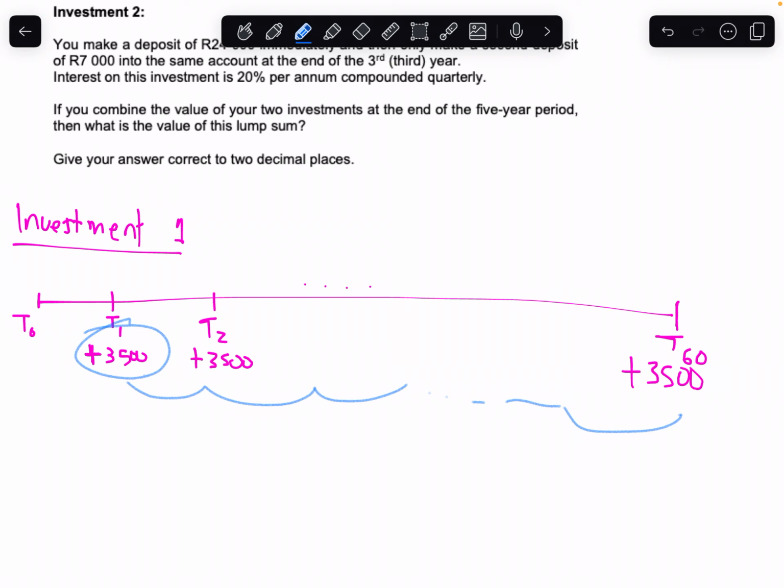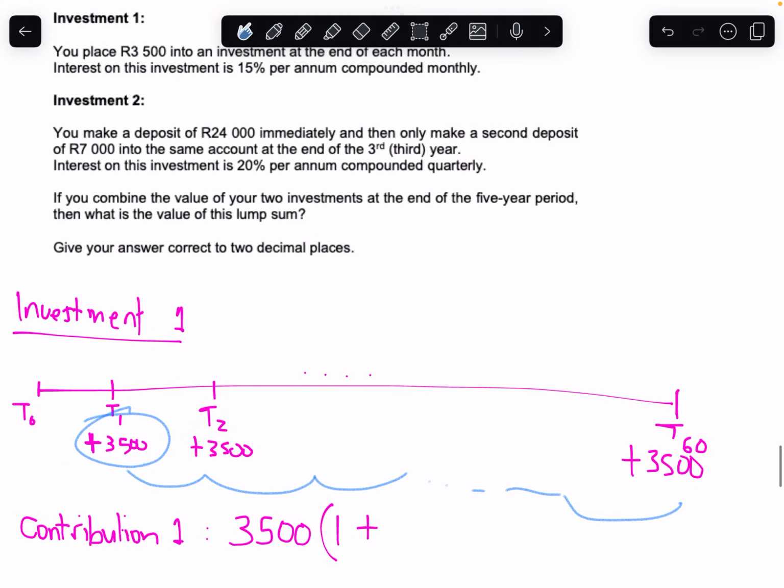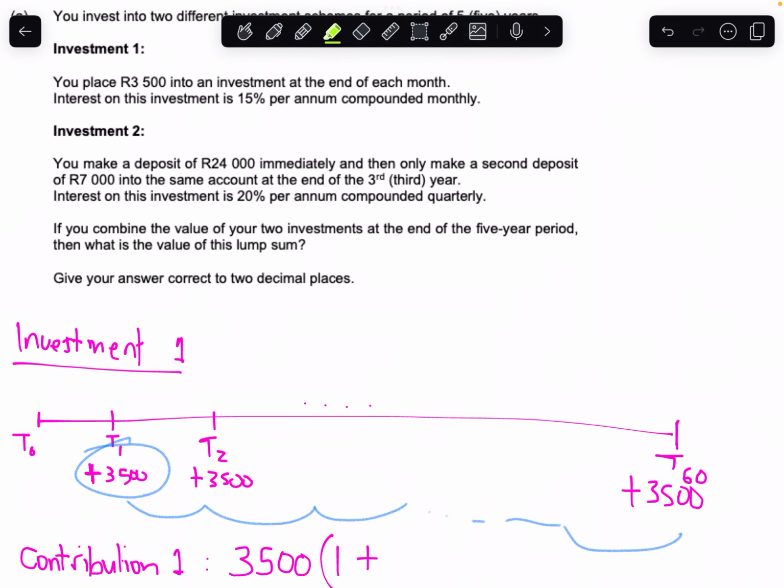So for contribution number 1, the 3,500 Rand is going to grow at an interest rate of 15% per annum compounded monthly.